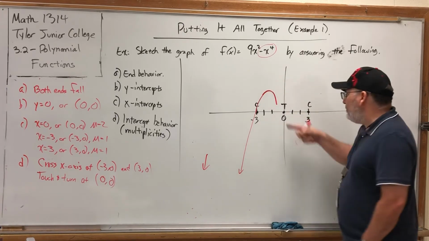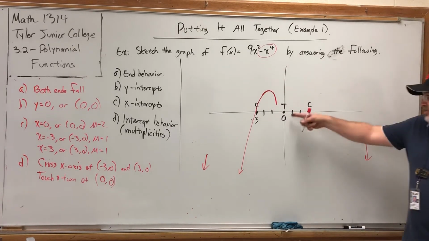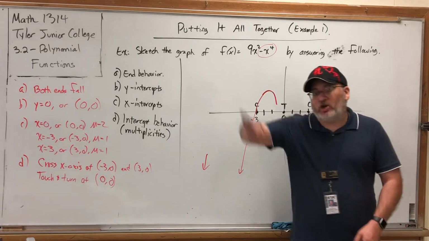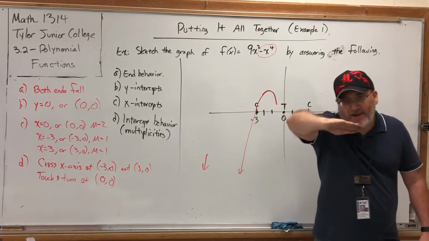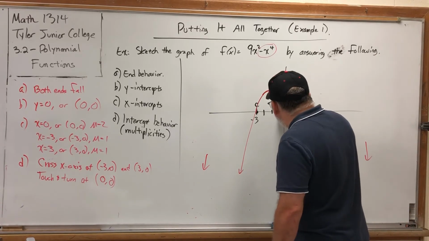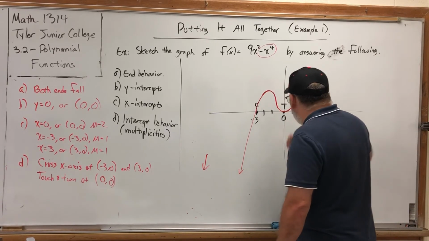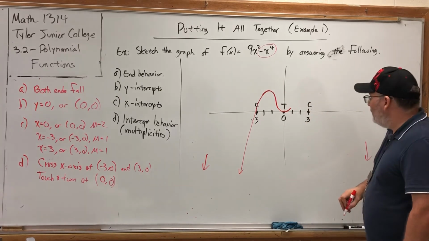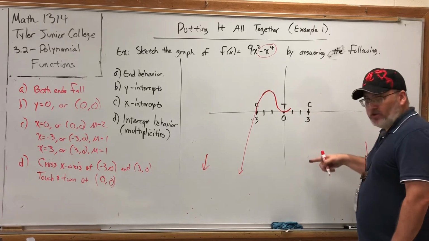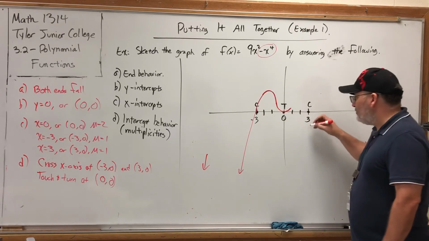Now, as I'm coming down towards this x-intercept at 0, I've got to remember that I'm going to touch and turn. When you touch and turn, it almost looks like you flatten out just for the briefest of moments. You don't actually flatten out, but it looks like you do. And now I'm going to have to cross this, which means I have to go up and turn around somewhere.